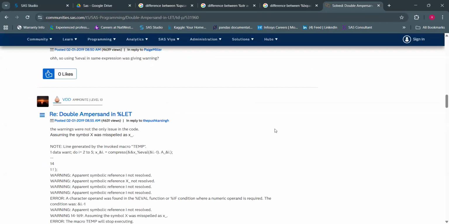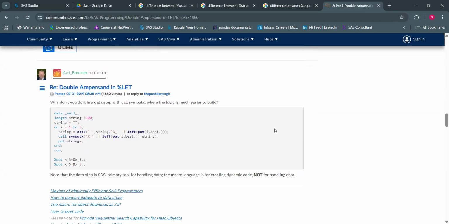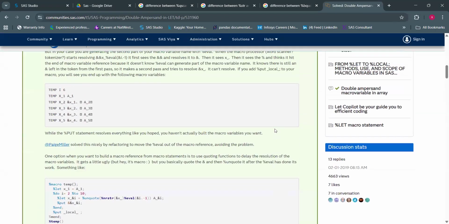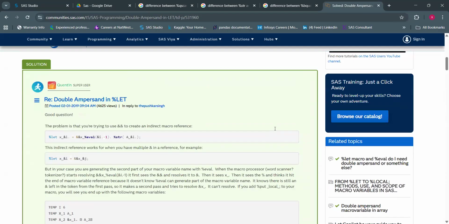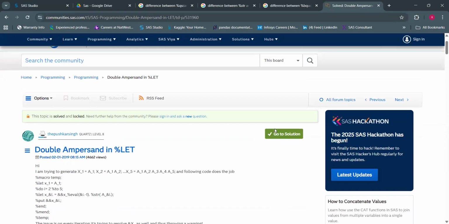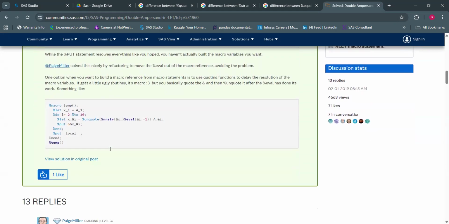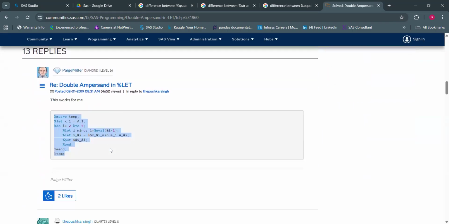Here's an example. So ideally what we are getting here is... wait a second, it's not minus, it is only underscore.